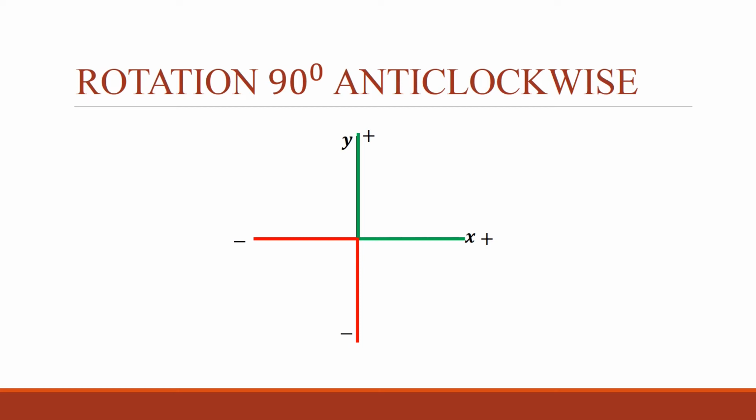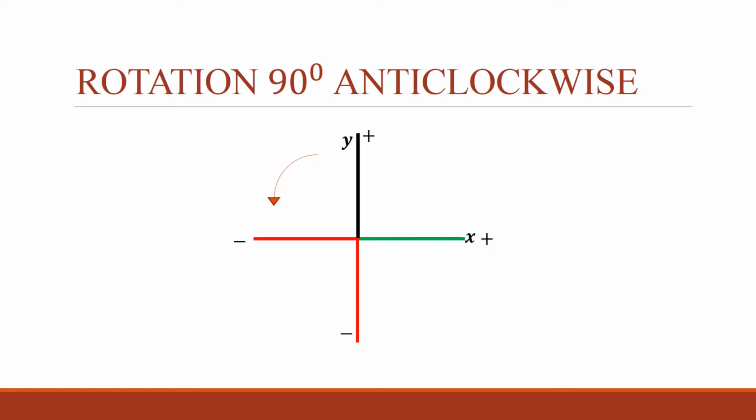How do we perform rotation 90 degrees anticlockwise? Anticlockwise means we are moving backwards. Anytime you are performing rotation, it always starts from the first quadrant. That is where the lines have been drawn in green.